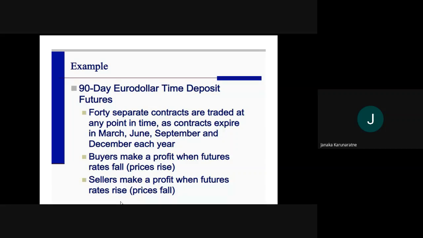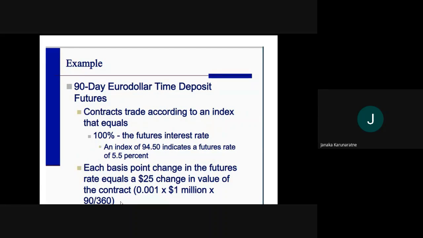So depending on the position, you have to decide whether you want to be a buyer or a seller. You have to identify your risk position to see whether you want to go long or short. Buyer means you are going long, as I mentioned a few minutes ago. Seller means you are going short. Whether you hold a long or short position depends on the underlying risk in your financial interest rate related position.